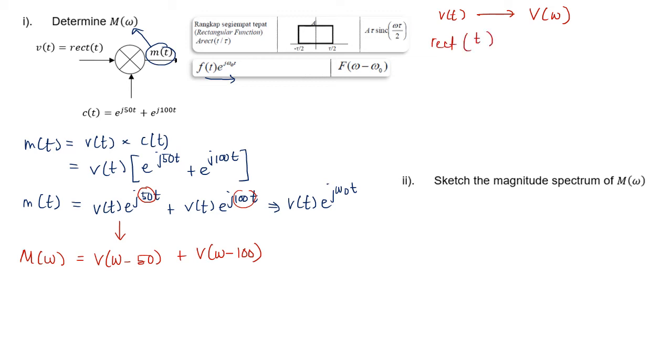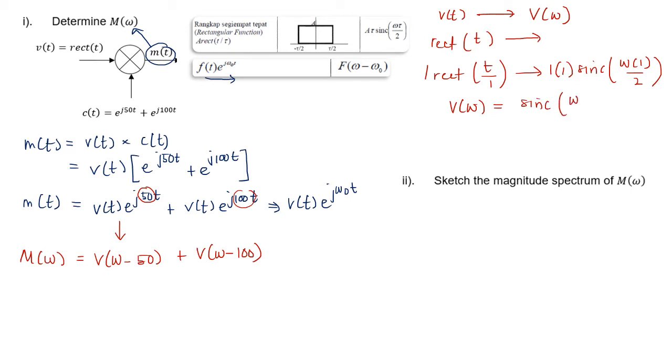You know that this is equal to 1 rectangular t over tau. The tau is 1. So this one will produce A tau, your A is 1, the tau is 1, sinc function of omega tau over 2. So your V(omega) equals sinc omega over 2.